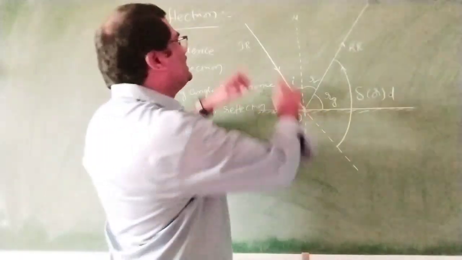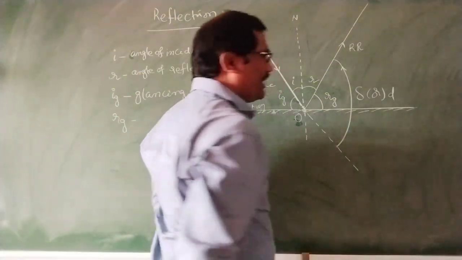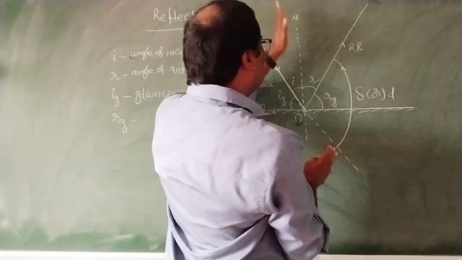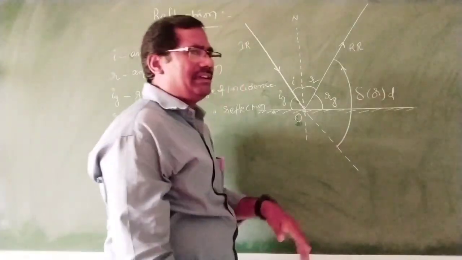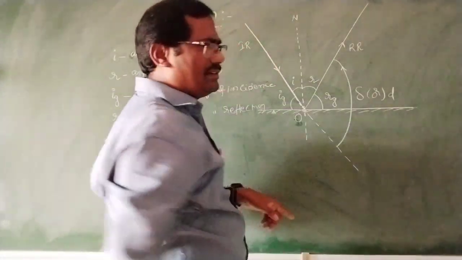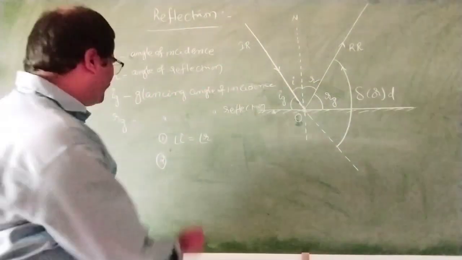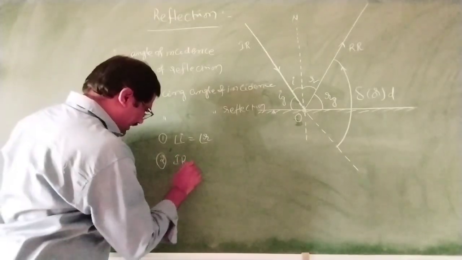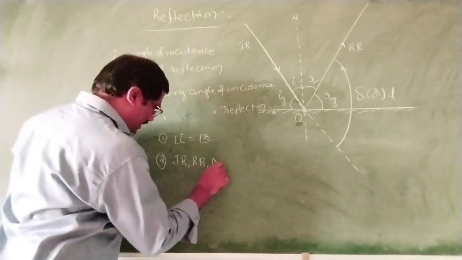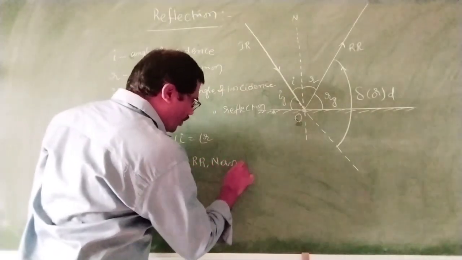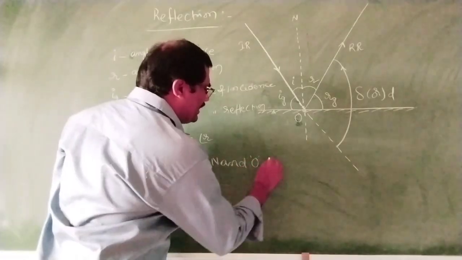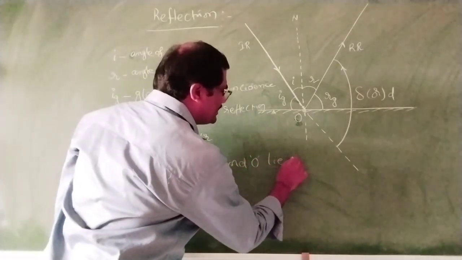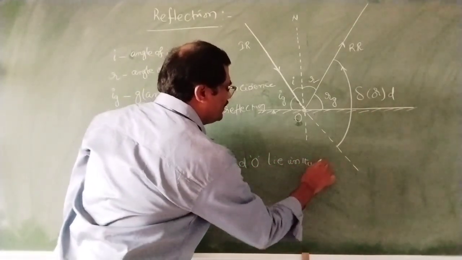This is one of the planes, the x and y coordinates only. The incident ray, reflected ray, normal, and the point of incidence lie in the same plane.